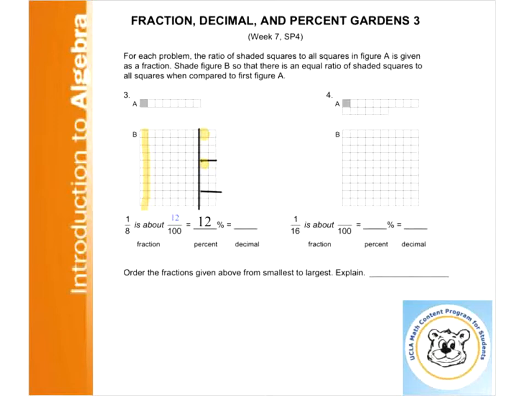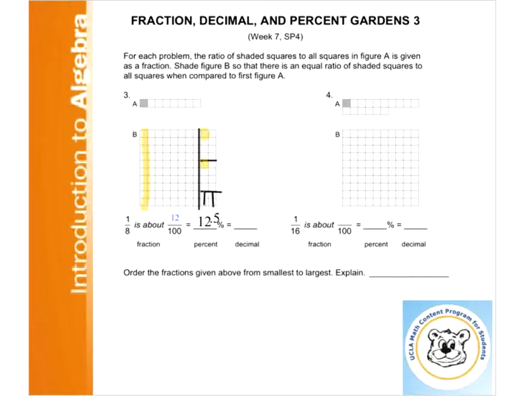So they can estimate and say that 1/8 is about 12%. And with the remaining 4 squares, they can actually divide it in half, as Mr. Diaz suggested, and then shade in one of those halves, which would give us an exact equivalent of 1/8, which is 12.5% or 0.125.